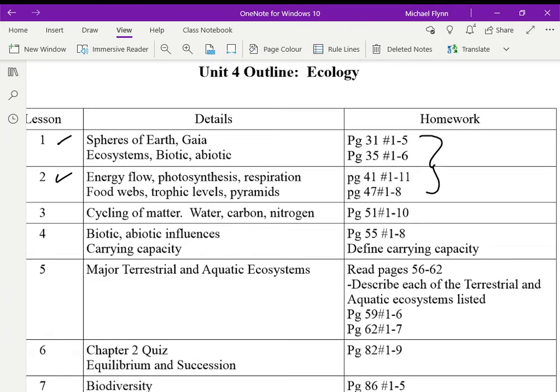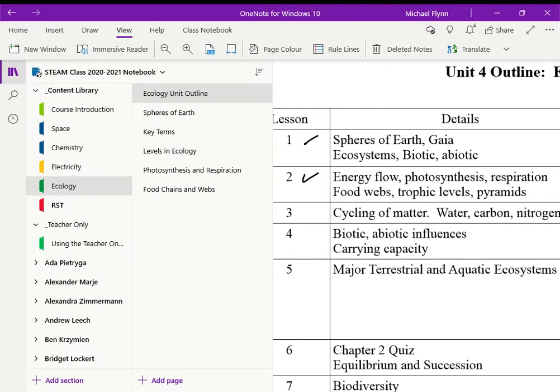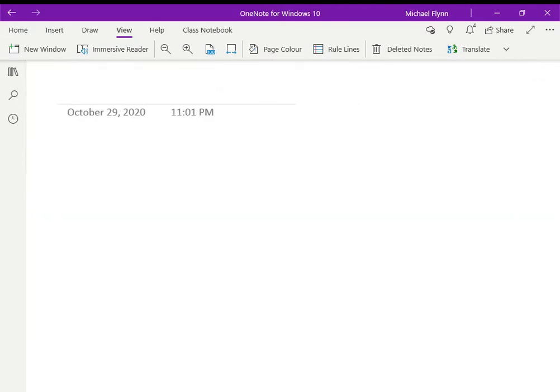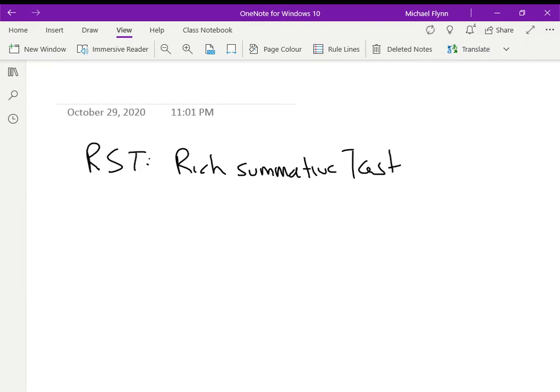All right, so we'll start ecology in a moment, but before I forget to say this, your RST. This is the RST, which is the rich summative task. We're going to have an end-of-year test.